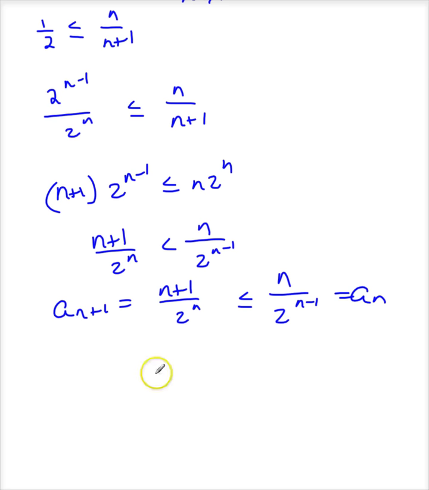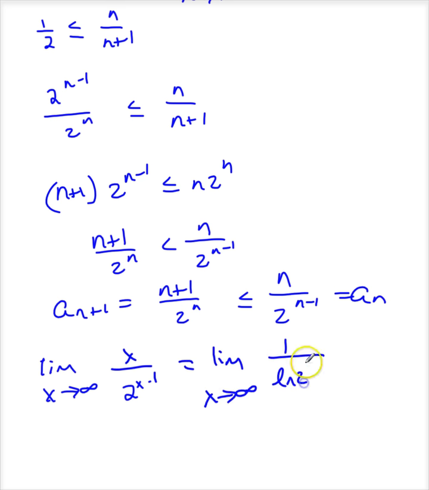Now, let me look at the limit as x goes to infinity of x divided by 2^(x-1). I'm going to use L'Hopital. So this is the same thing as the limit as x approaches infinity of 1 divided by (ln 2 times 2^(x-1)), which is indeed 0.